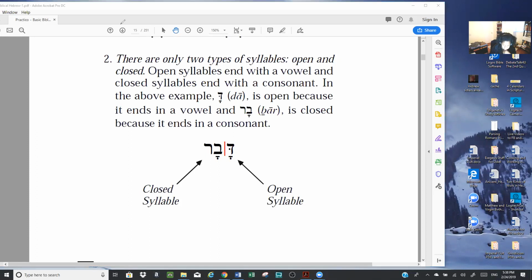The dalet is a consonant, and the kamets under the dalet is a vowel. This is an open syllable. And var, the bet, is a consonant. The kamets under the bet is a vowel. And the resh is a consonant. That's what you call a closed syllable.